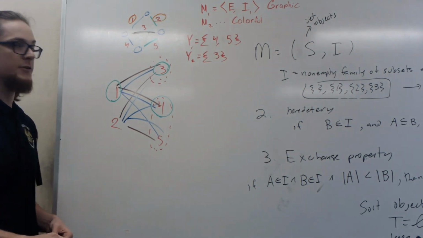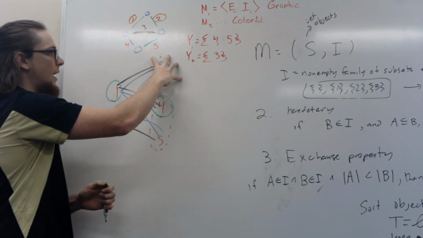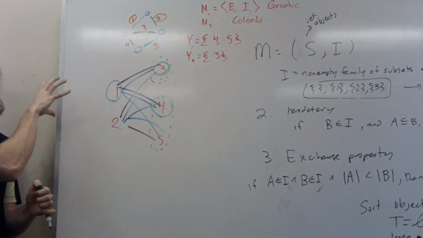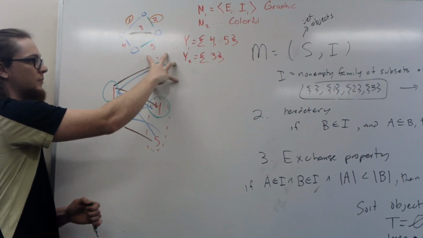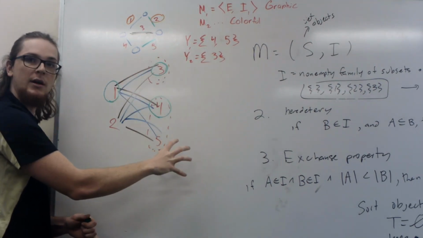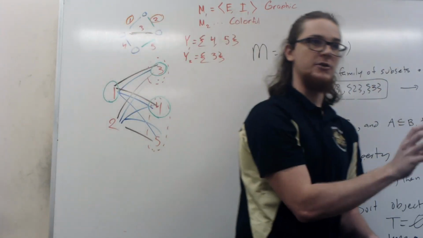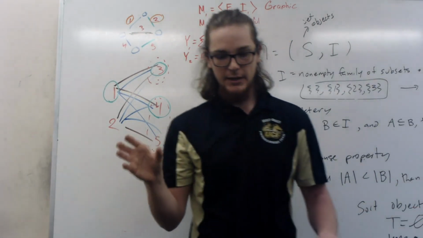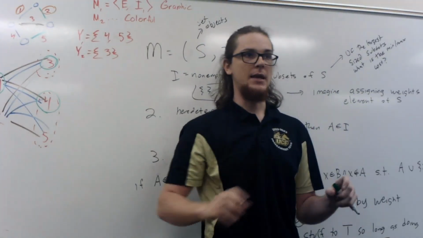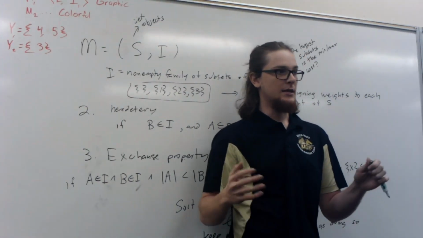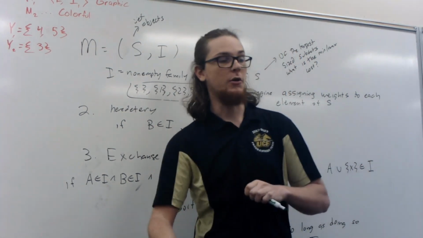If we are able to find a path that only uses blue edges going this way and only uses brown edges going this way, from an element of Y2 to an element of Y1, then we know we've done some exchanges, and all along the way both matroids are still happy. We started in a place where M1 was happy, and we ended in a place where M2 is happy, and along the way we maintained independence. So this means that we found a path that adds one more thing than it deletes.